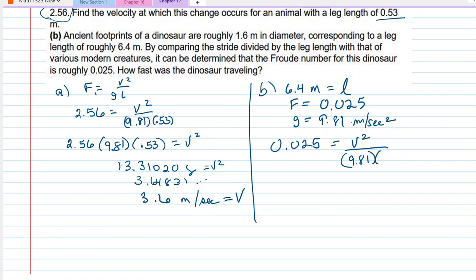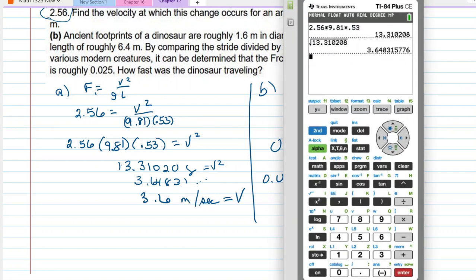So I'm going to have 0.025 times the 9.81 and the 6.4 equals velocity squared. Handy dandy calculator. Here we go. And we're going to do the math.